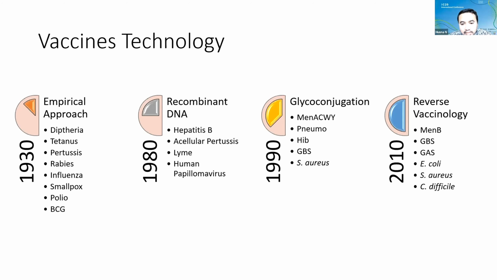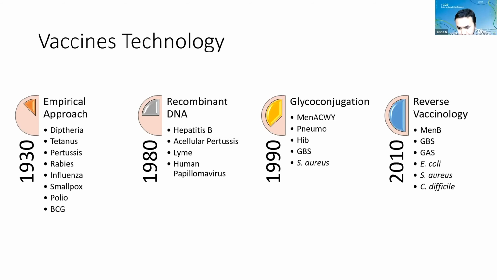Then 10 years after, vaccine technology improved, and glycoconjugates started to be used in 1990. It started with meningitis A, C, W, and Y, also for pneumo, HIV, GBS, and Staphylococcus aureus.